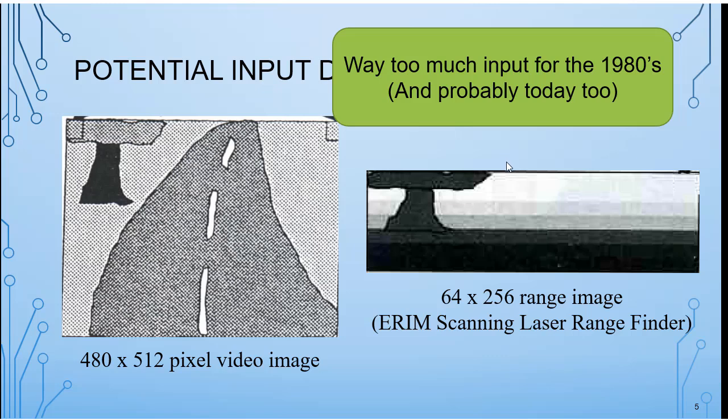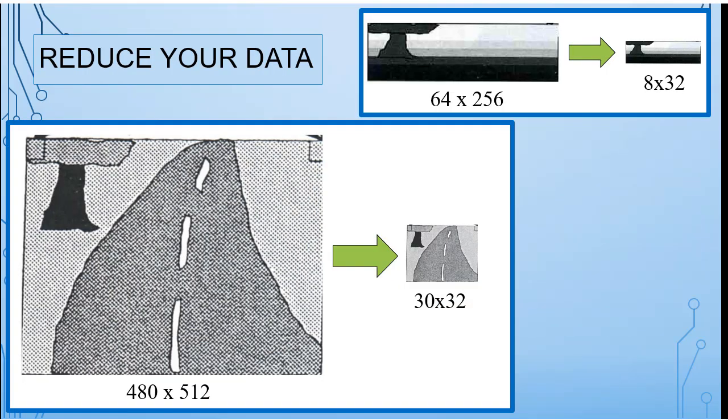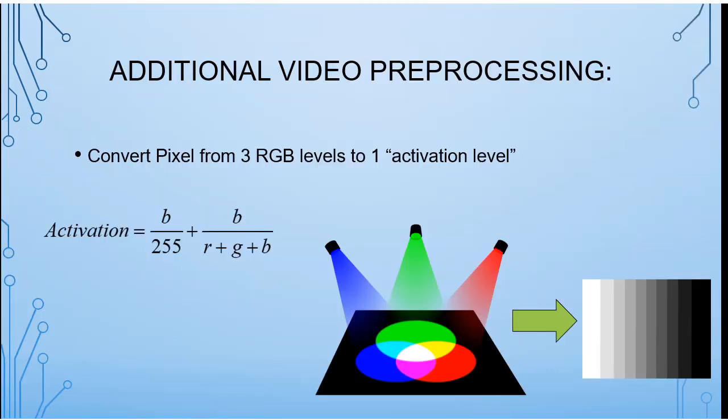And so the actual input images that they used for this system were 30 by 32 pixels, which is shockingly small, really. They took the laser range data and put it into an 8 by 32 pixel image. They did some additional pre-processing on the images to take the 3 RGB input levels and turn it into a single grayscale level.